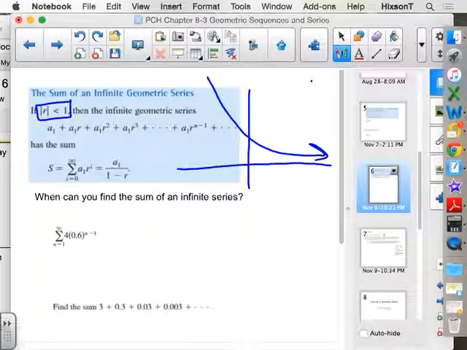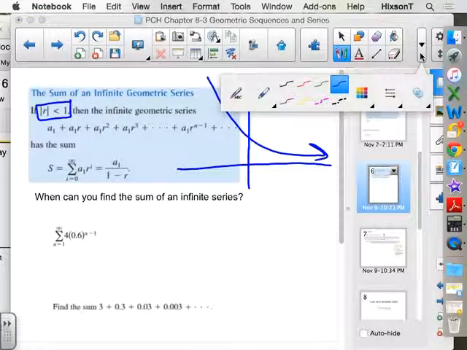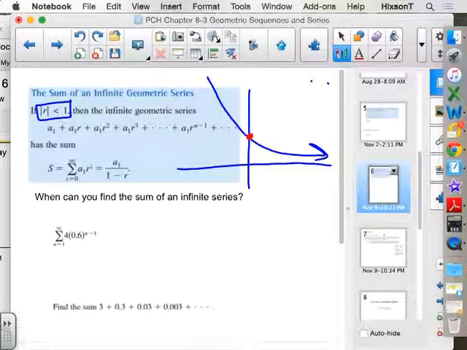But what we have here, when your common ratio is less than 1, is something that looks like that. Now understand, we're still dealing with a series, so it's actually only defined on the integers. So it would be defined right here, and at 1, and at 2, and at 3.